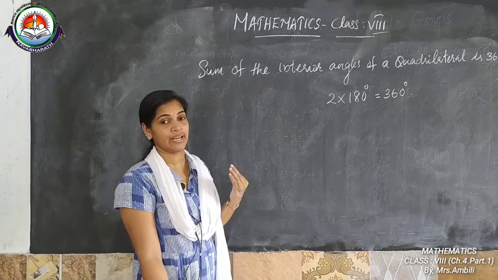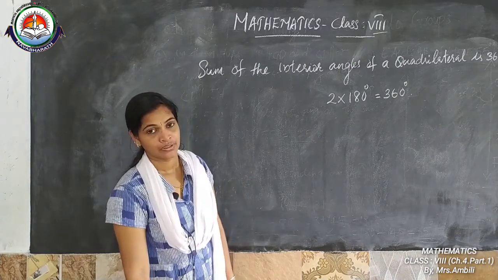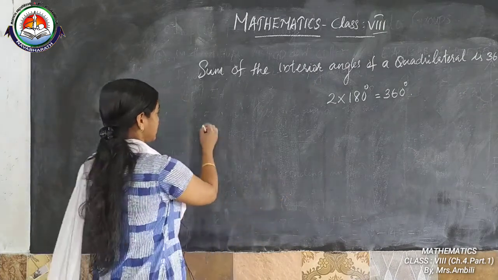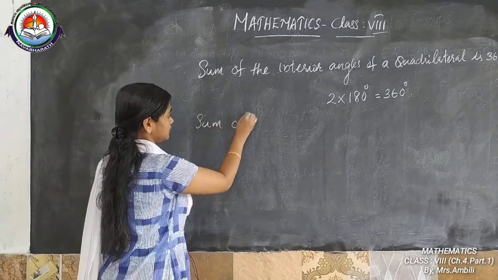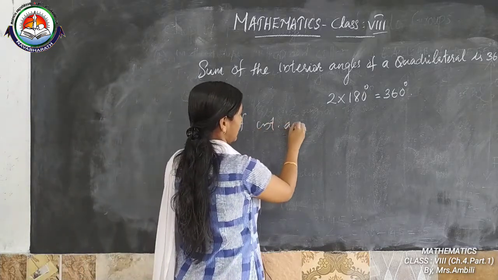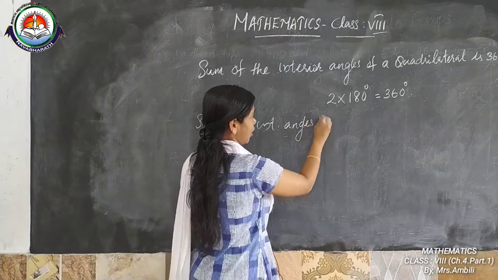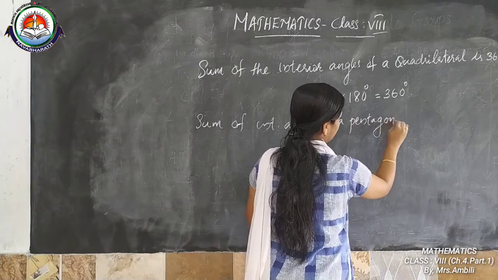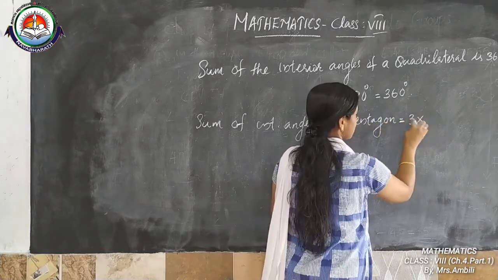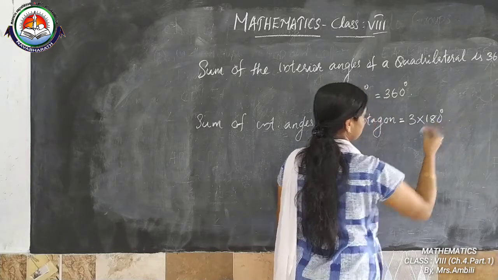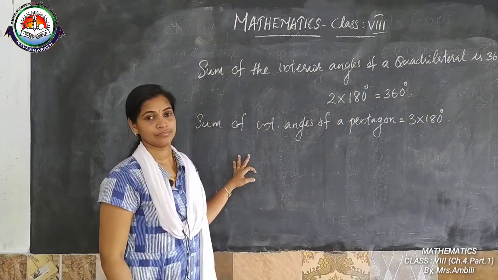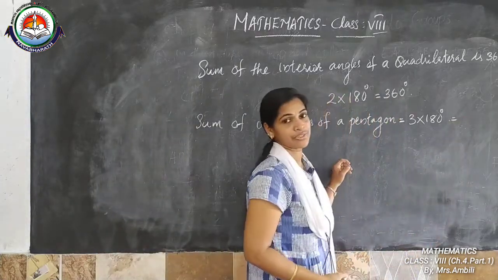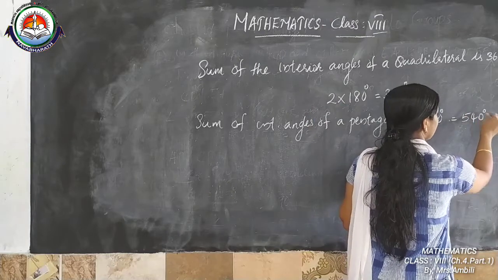Okay, by using 3 triangles, we can make a pentagon. So, the sum of interior angles of a pentagon equals 3 triangles, which means 3 into 180 degrees. Okay, how much will you get? 540 degrees.